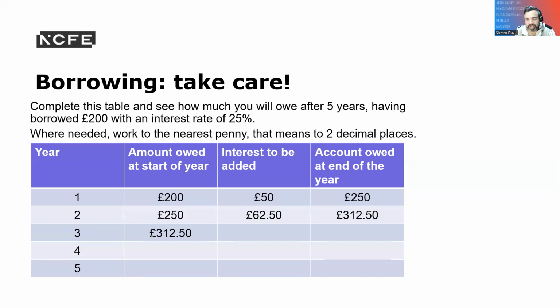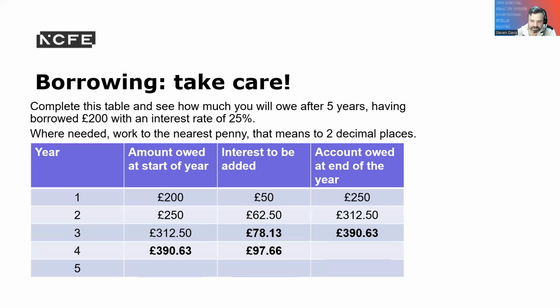So again, if we looked at this, then we can see how that looks when borrowing money. So if you borrowed it in the third year, it's 312.50. Interest to be added is 78.13. You now owe 390. We now do 25% on that. So 2 lots of 10 and the 5, which would be 97.66.